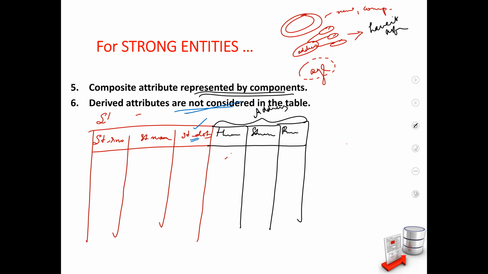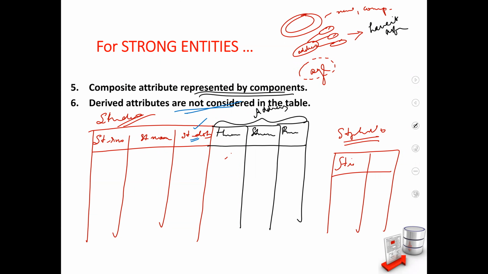And together with my student table, I will even have one more table called student phone number, where I have the student ID and the phone number together as the primary key. And here, this is my primary key. So this is how you denote an entity.